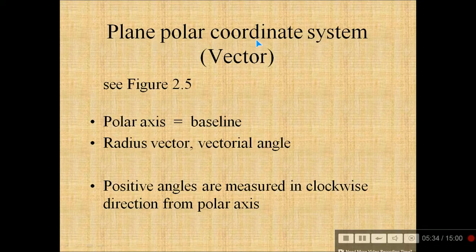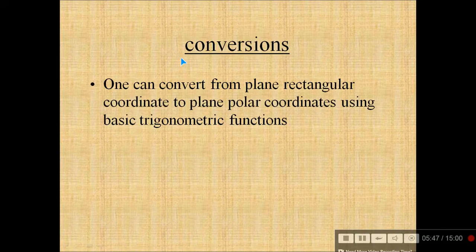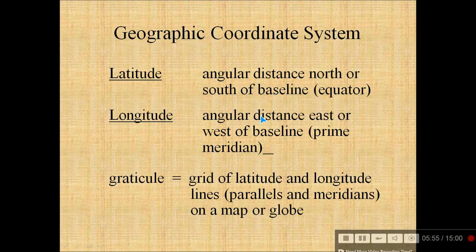And the polar coordinate system, as I told you, has r, or a distance, and cos theta, sin theta along with that, and positive angles are measured in clockwise direction from the polar axis. Conversions: one can convert from plane rectangular coordinates to plane polar coordinates using basic trigonometric functions.